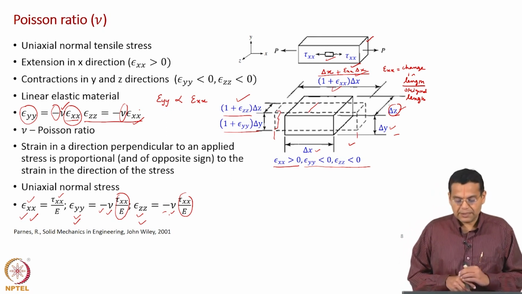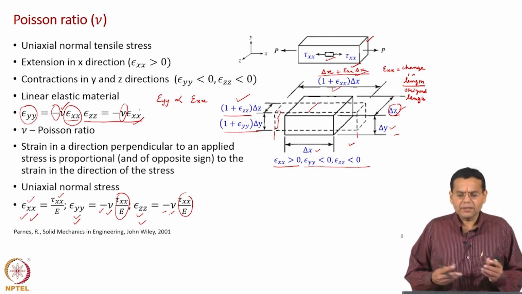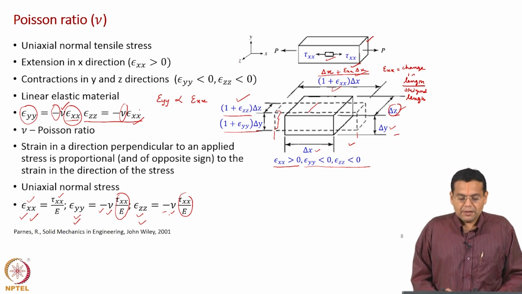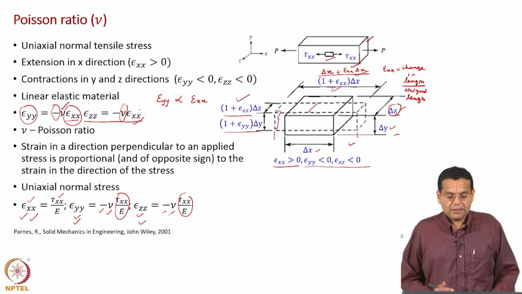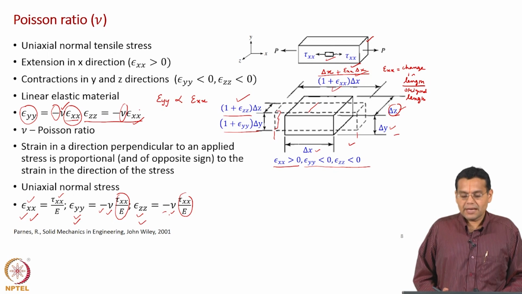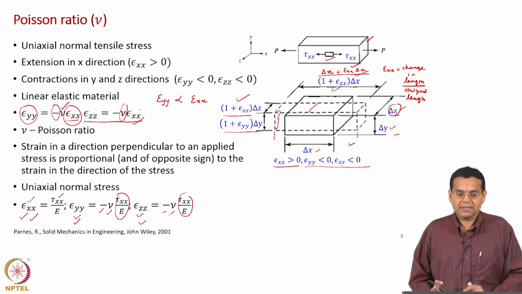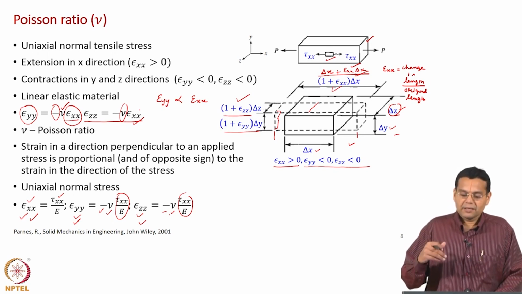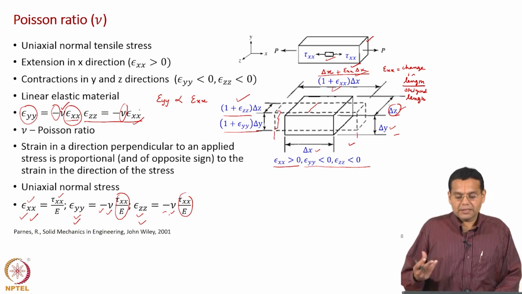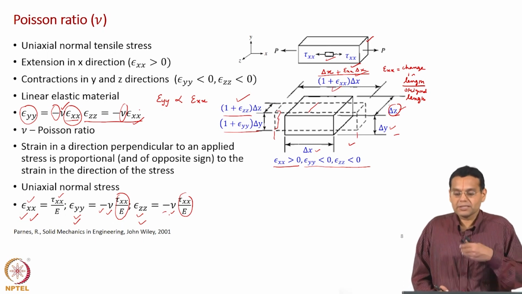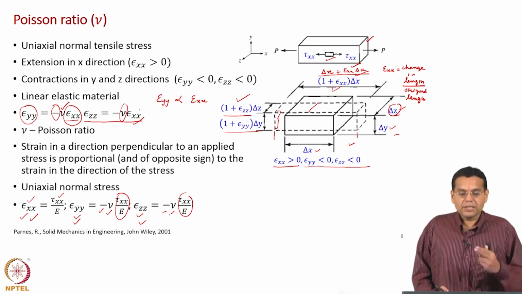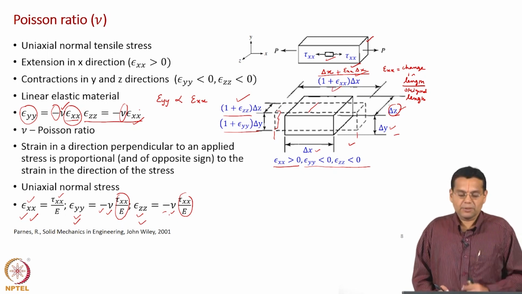Okay. So, to summarize the last two slides, we discussed what we mean by a linear elastic material. We said a linear elastic material is a material which has a linear relationship between stress and strain. We discussed the linear relationship for normal stress and normal strain, and also for shear stress and shear strain. These two introduce two material properties, namely Young's modulus and shear modulus.